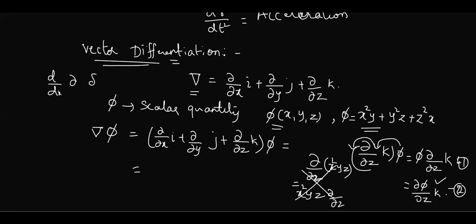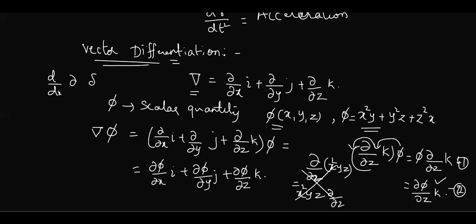So if I take phi inside, can anybody tell me what I'll get? Dou phi by dou x i, dou phi by dou y j, plus dou phi by dou z k. Is the part clear? This quantity, when you apply del on a scalar function, will give me some quantity.